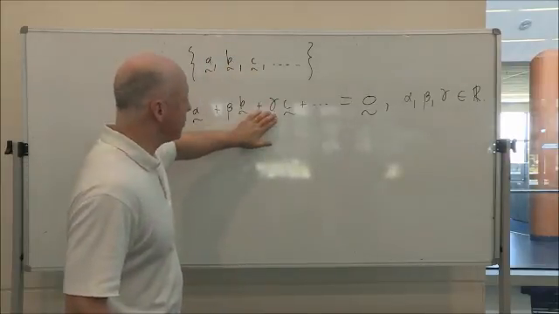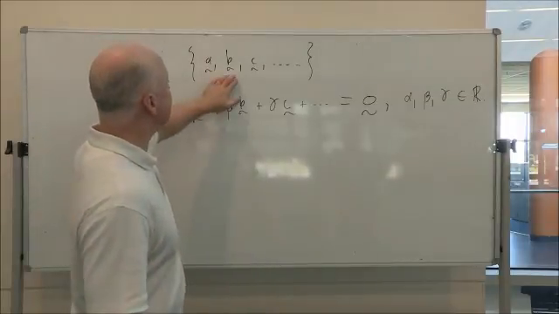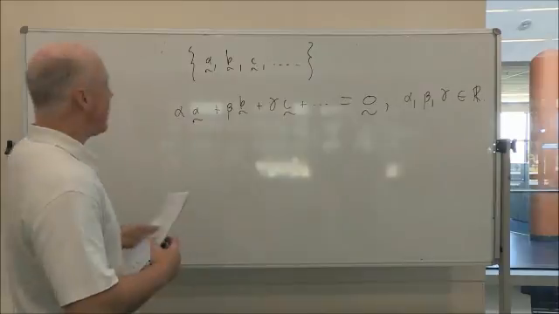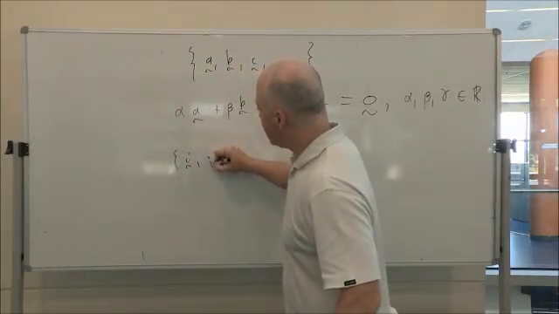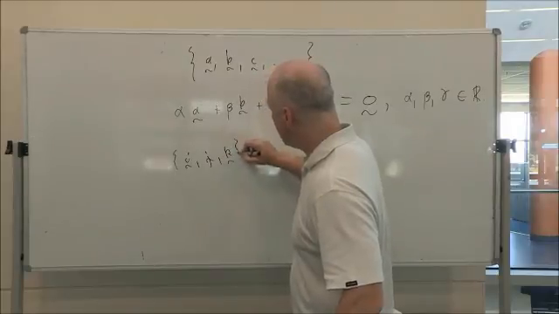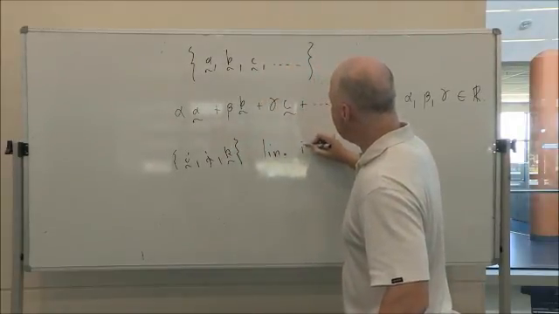If it's impossible to do that, then we say that they are linearly independent. Just as a little side note, the set of vectors i, j, k, those unit vectors that we know and love, are linearly independent.